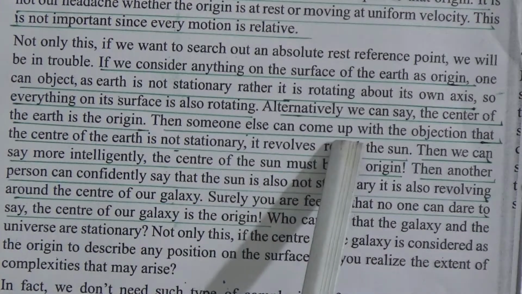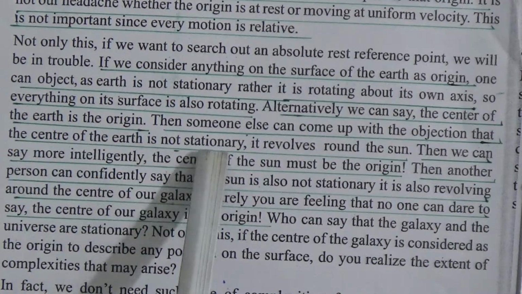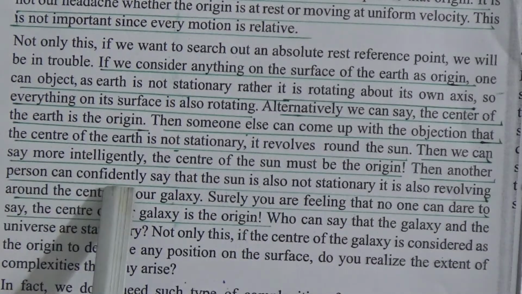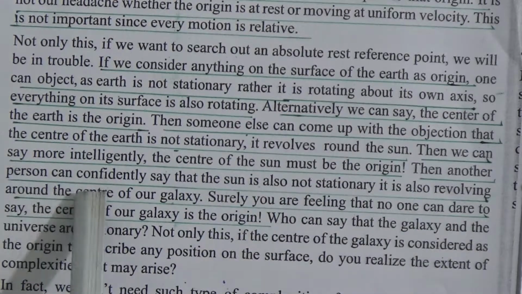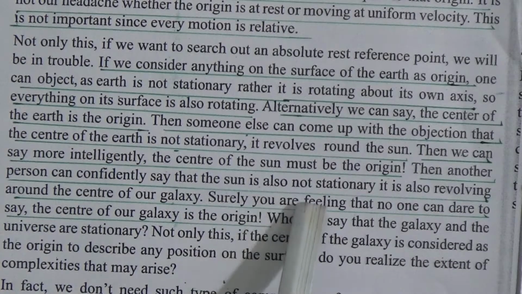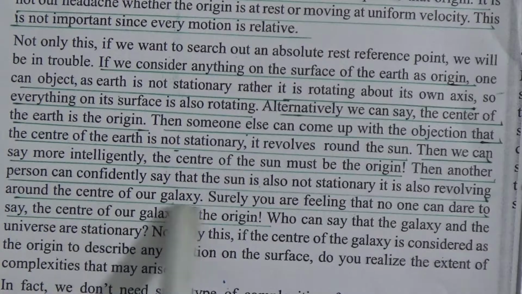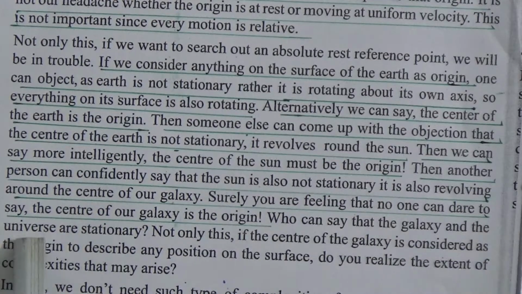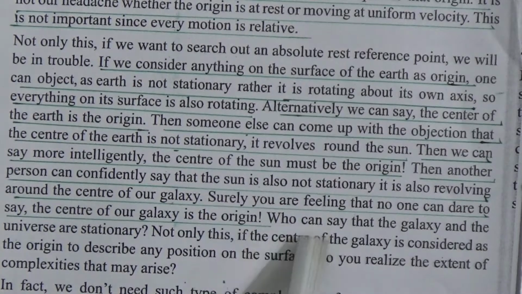Someone else can object that the center of the earth is not stationary, it revolves around the sun. Then we can say more intelligently, the center of the sun must be the origin. Then another person can confidently say that the sun is also not stationary, it is also revolving around the center of our galaxy. Surely you are feeling that no one can dare to say the center of our galaxy is the origin. Now who can say that the galaxy and the universe are stationary?